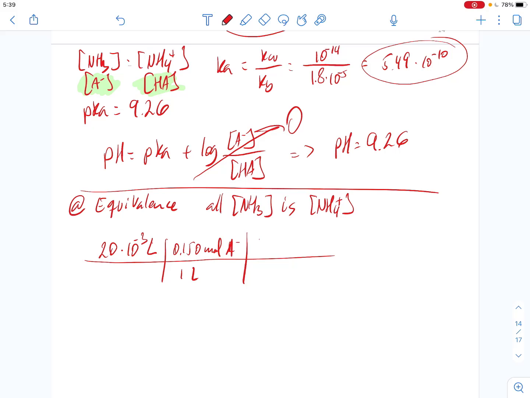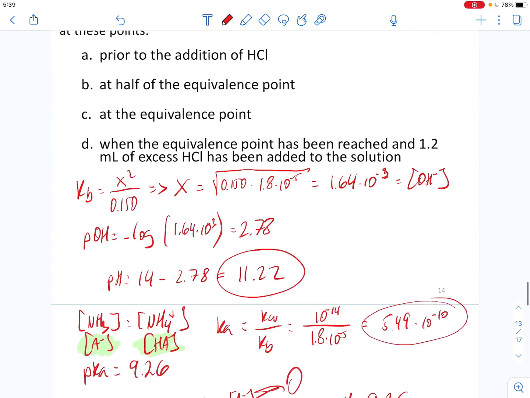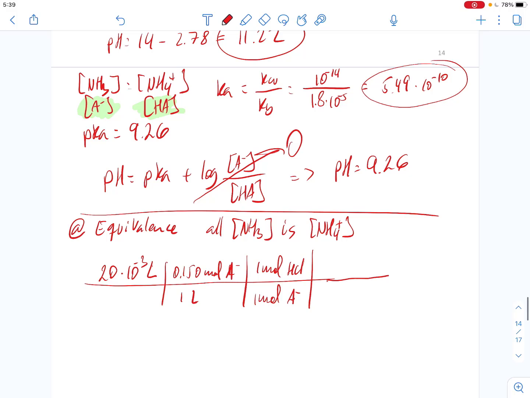The stoichiometry is 1 to 1, so you need 1 mole HCl per mole of A minus, and the concentration of your acid was 0.200 moles of HCl per liter. So we cancel all of these, and we end up having to add 0.050 liters, which means you added 50 milliliters.